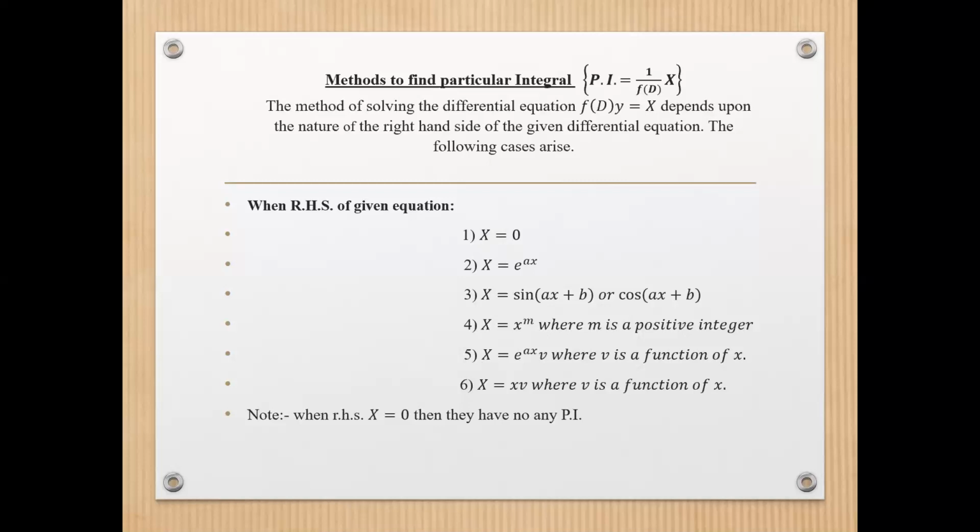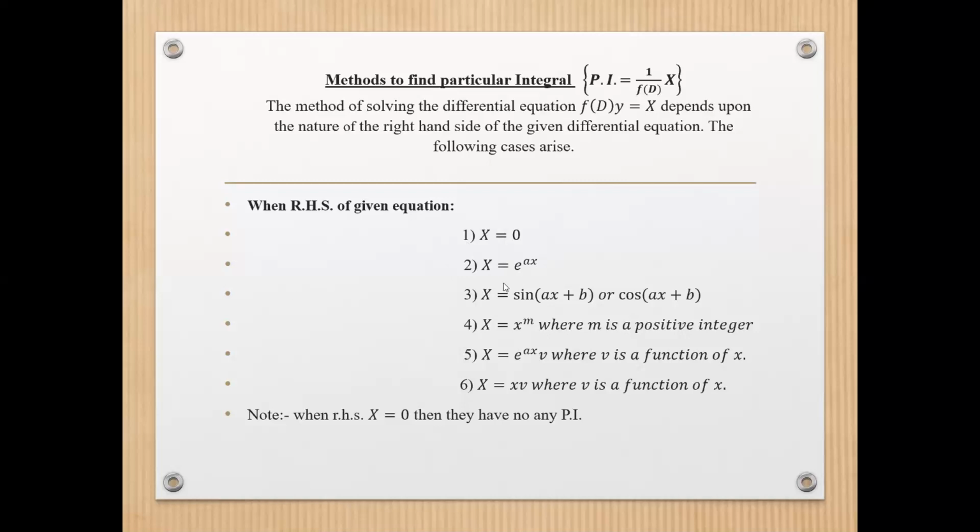linear differential equation. Now we will see how to find the solution of a linear differential equation when the right hand side of that equation is in the form e raised to ax. Okay, a is any number, that may be e raised to 2x, e raised to minus 2x, e raised to x, e raised to 5x, like this.